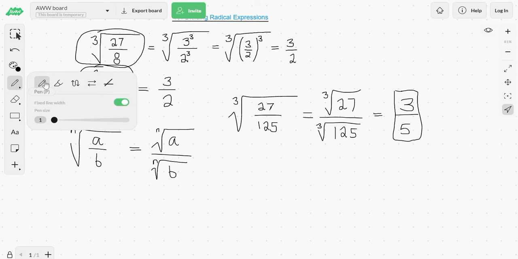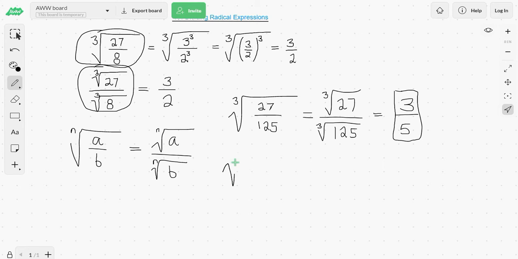Let's look at some more examples. Let's say we've got the square root of 25 over y squared. We're going to assume that y represents a positive variable. So we can just take the principal square root.